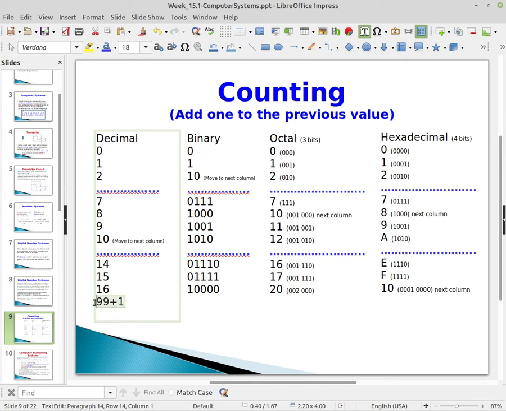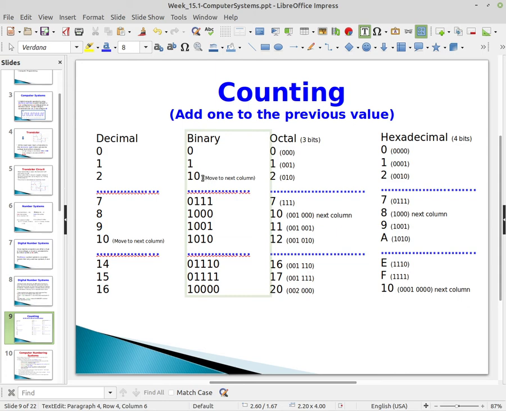Now, in binary, what's going to happen here is we do a 0, we do a 1, and then we add 1 to 1. Now we're out of characters, so we have to put the placeholder in and move to the next column. All right.